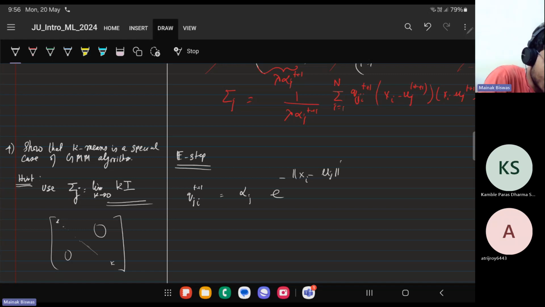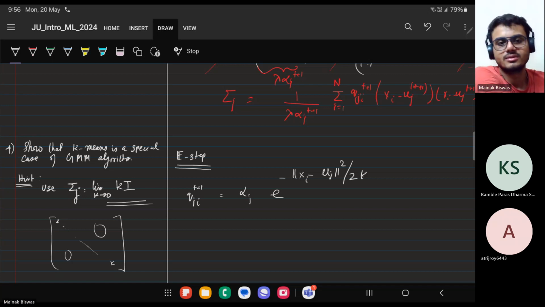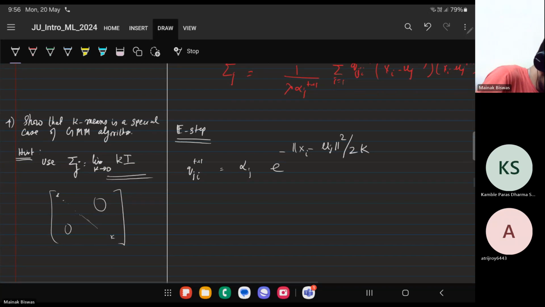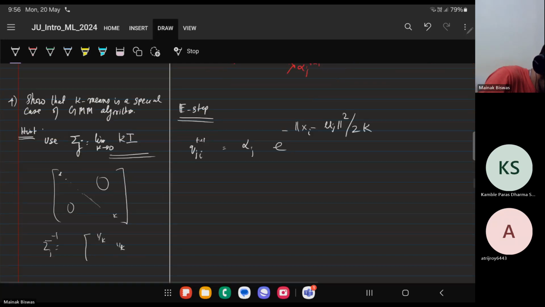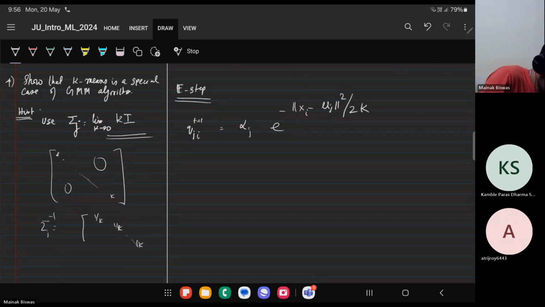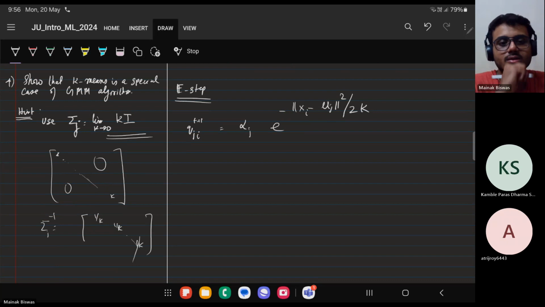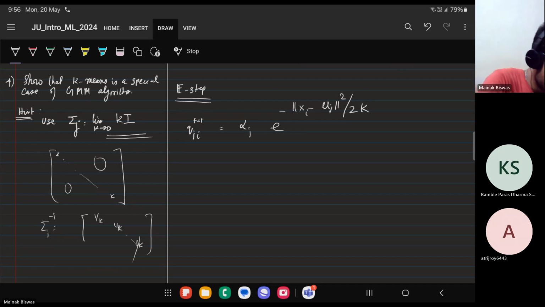Since it's a diagonal matrix, this is what I'll get. Divided by the summation of alpha j e to the power of minus x i minus mu j squared.